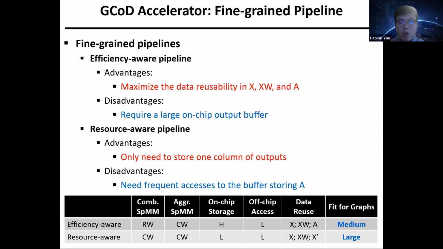And here we summarize the characteristics of these two pipelines. In conclusion, the row-wise pipeline aims to achieve maximum efficiency at the cost of more on-chip storage, so it fits small graph tasks. While the resource-aware pipeline makes efforts to ensure that our GCoD accelerator can scale up to large graphs.